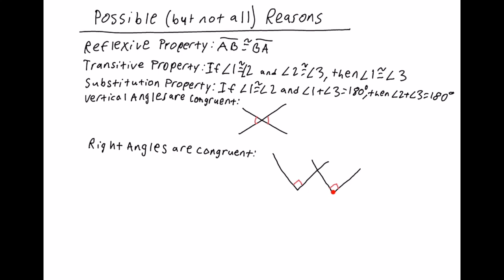A lot of these may seem a little simple, a little common sense, but in a mathematical proof you do have to state that kind of thing. Alright, the last one I'm going to talk about is definition of blank. I put the blank there because there's an endless amount of phrases that you could put in for that blank.